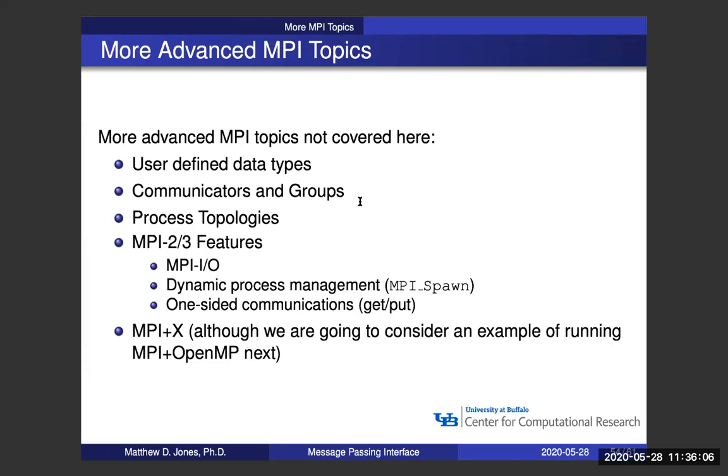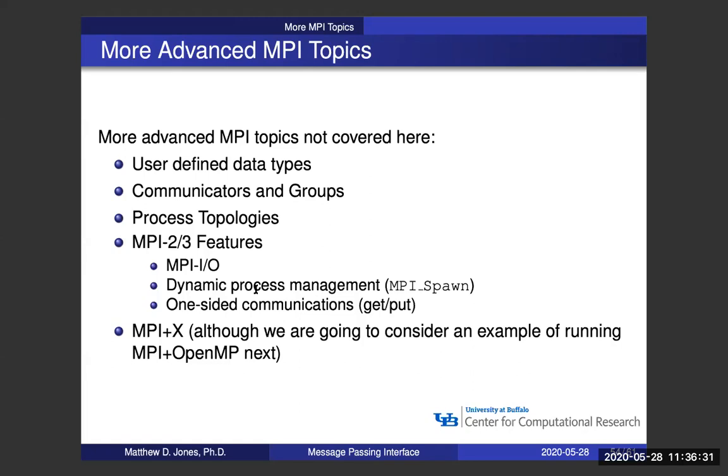Libraries usually want to decouple what they're doing behind the scenes from what the application end user is doing on the front side, so they usually set up their own sets of MPI communicators. You can also construct process topologies. You can do MPI-IO and dynamic processes, all these things, right? If there's sufficient interest, we can come back and talk more about those in a future talk.